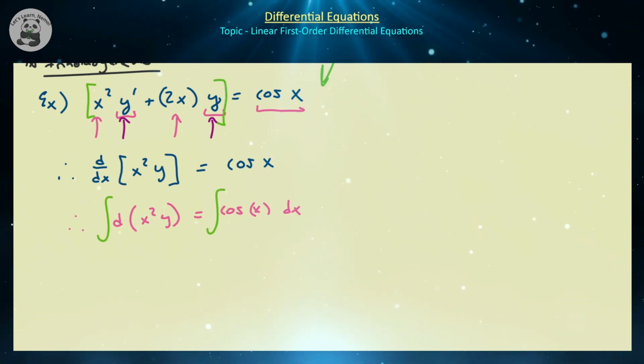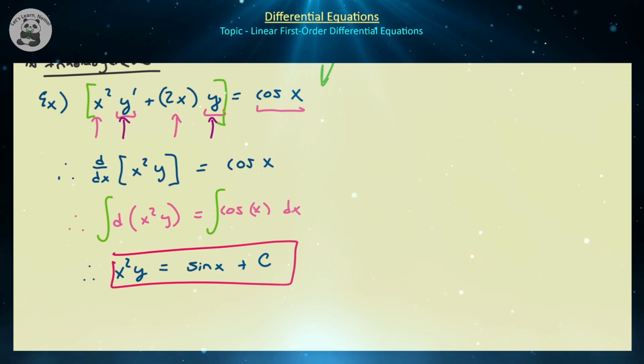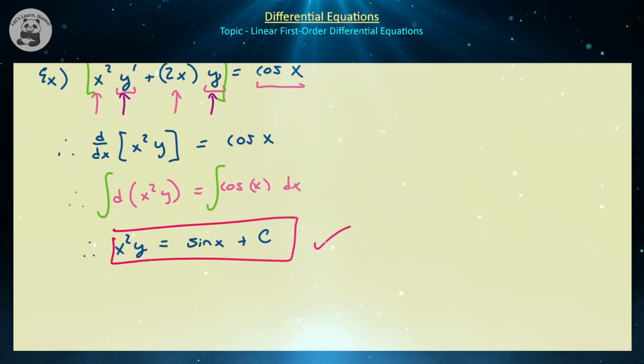So the integral of 1 with respect to x squared y is just x squared y, and the integral of cosine x is just sine x, and we can put the arbitrary constant of both of those integrations on the right-hand side. So that is at least the implicit solution to the inhomogeneous differential equation that we proposed, right?